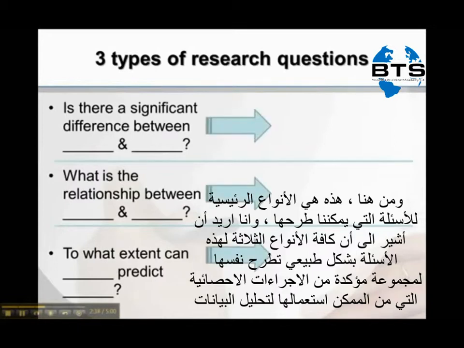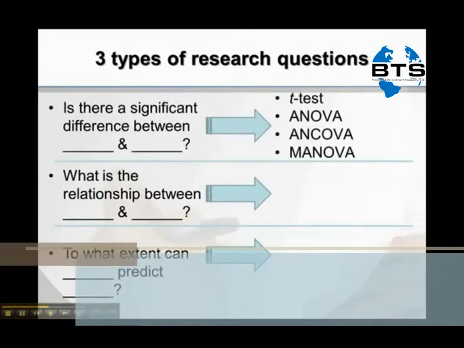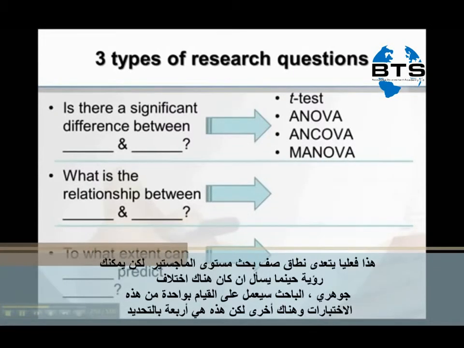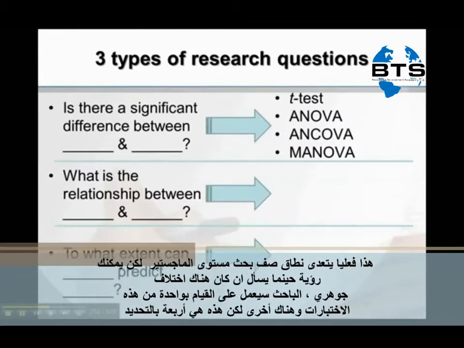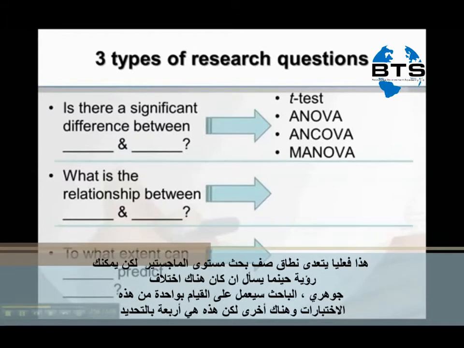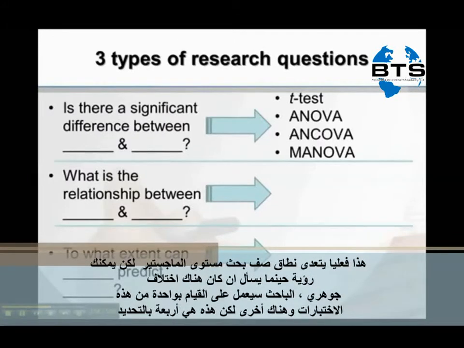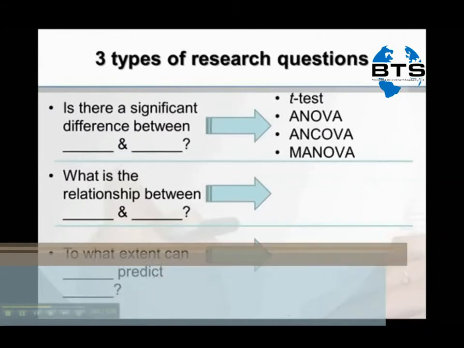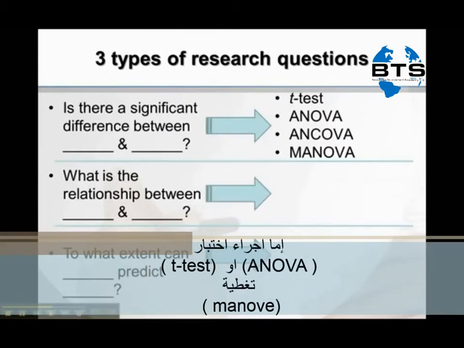I do want to point out that all three of those questions naturally lend themselves to a certain set of statistical procedures that would be used to analyze the data. This is really beyond the scope of our master's level research class, but just so you see, when a researcher asks, is there a significant difference between, the researcher is going to be conducting one of these tests, and there's others, but those are four in particular, either a t-test, ANOVA, ANCOVA, or MANOVA.